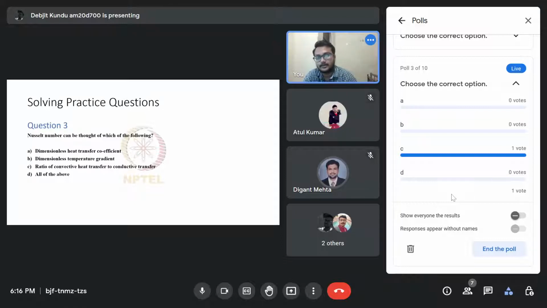Nusselt number is a very important non-dimensional number which will show up in this course again and again. So what can it be thought of? There are four options: dimensionless heat transfer coefficient; option B, dimensionless temperature gradient; option C, ratio of convective heat transfer to conductive heat transfer; and option D, all of the above. So which one will it be?